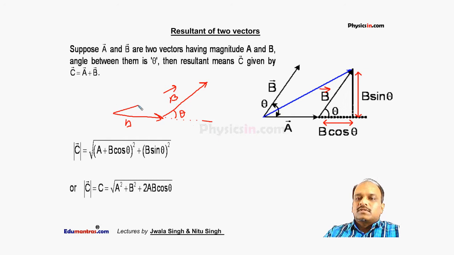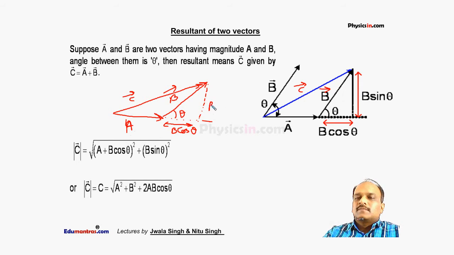If I join this, it will give me vector C, which is equal to vector A plus vector B. Now if I drop a perpendicular from here, this length comes out to be B cos theta.